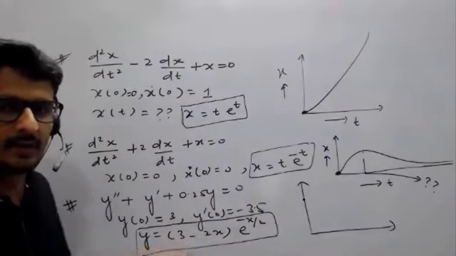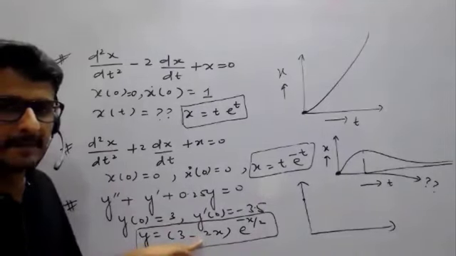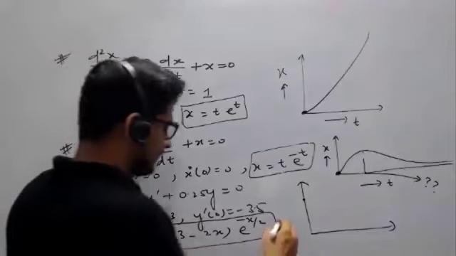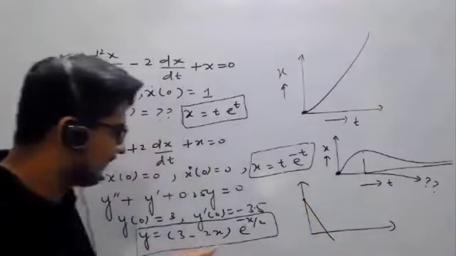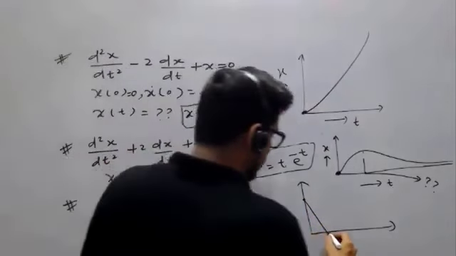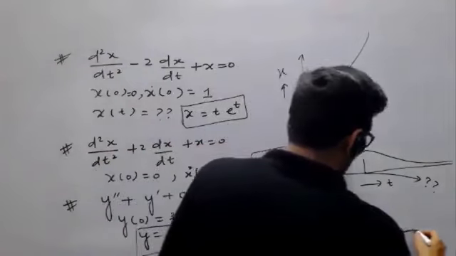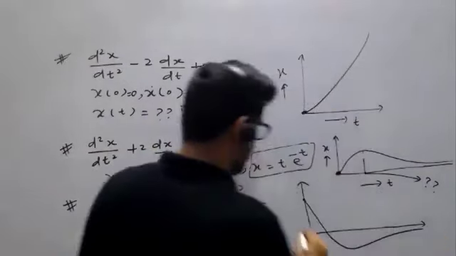If you see y is equal to mx plus c, how is the slope? It is minus 2, negative. So it will go like this, and finally at x is equal to infinity it has to become 0. So it will grow like this, and finally it will go to 0. So it's a very different curve, you can see.